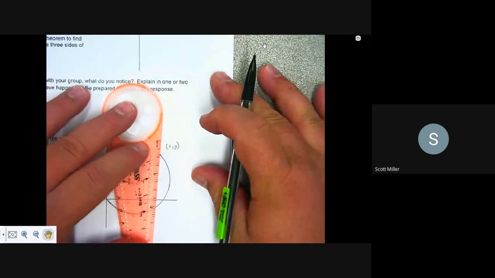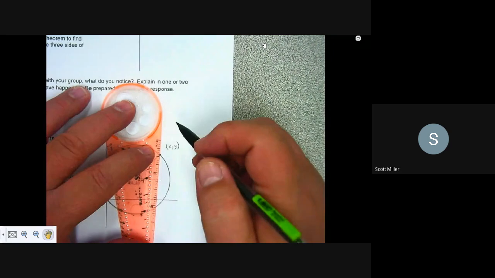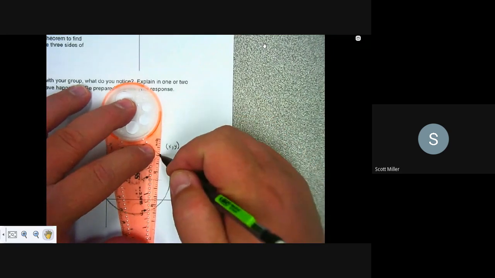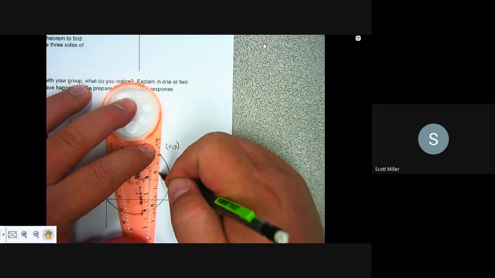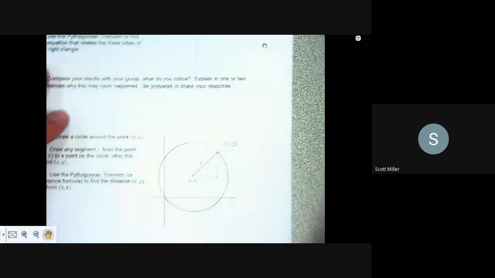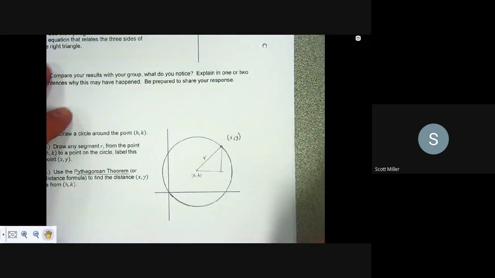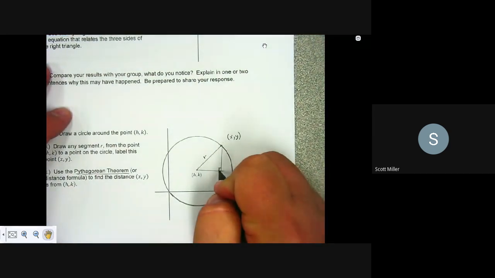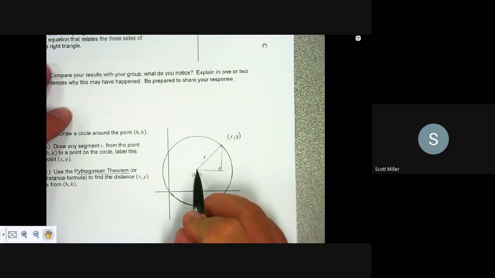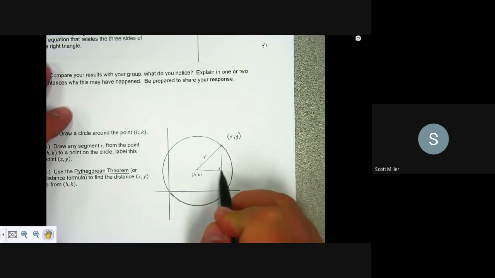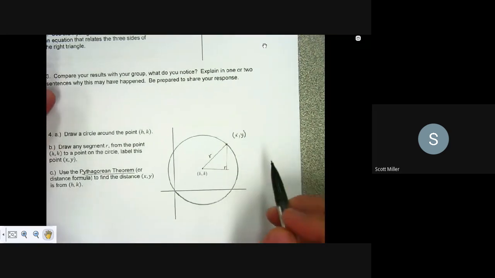And we're going to draw this length. Let me let you guys see what I'm doing. Into a right triangle as best we can. It may not be perfectly the right triangle, but that's what it's going to represent. So this is a right triangle. Straight across, straight down, 90-degree angle, right triangle.